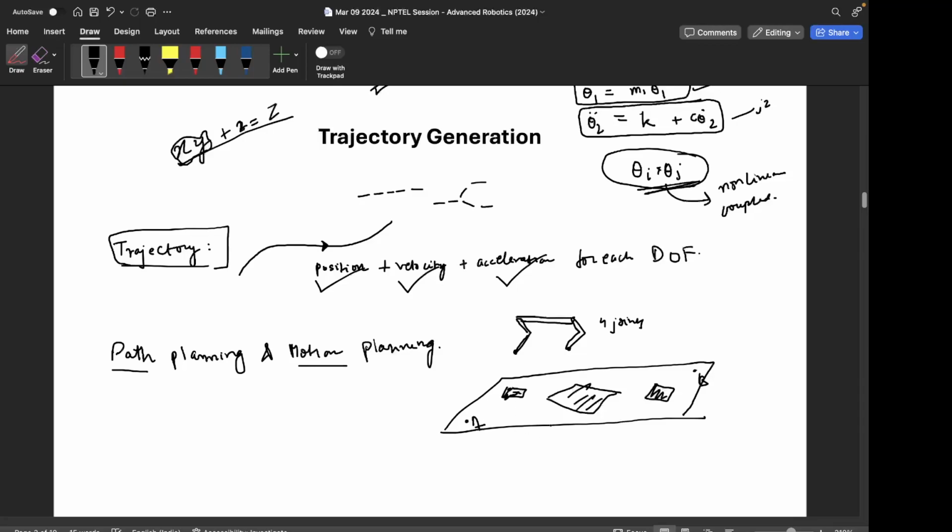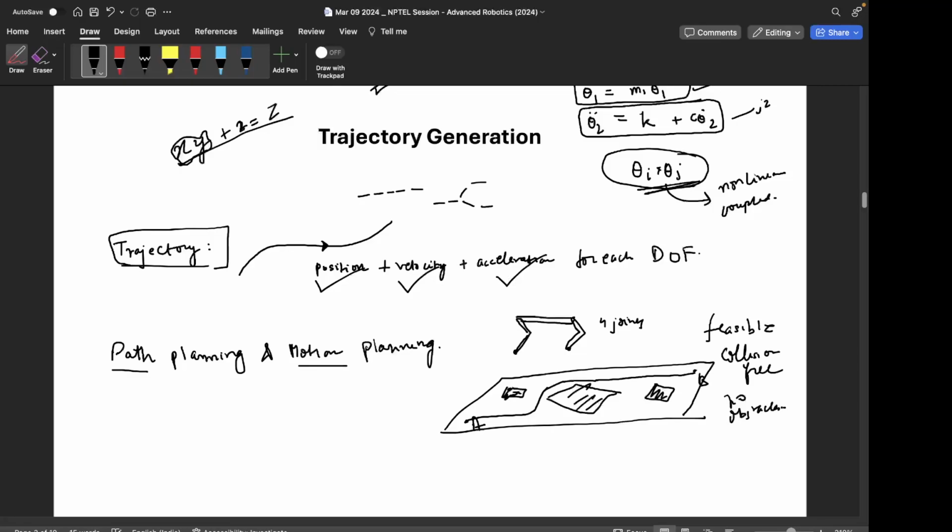Now when I say that I have solved the path planning problem, then all that is sufficient is that I have a path connecting the start point and the goal point, which is collision free, right? So it's feasible, or you can write collision free, or free from these obstacles, no obstacles.